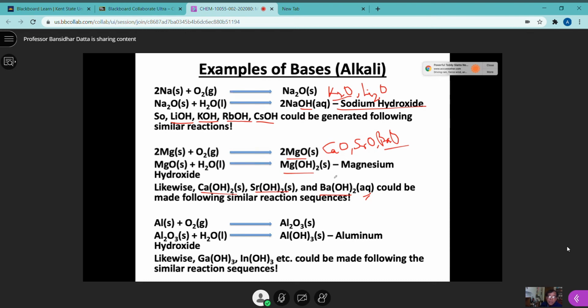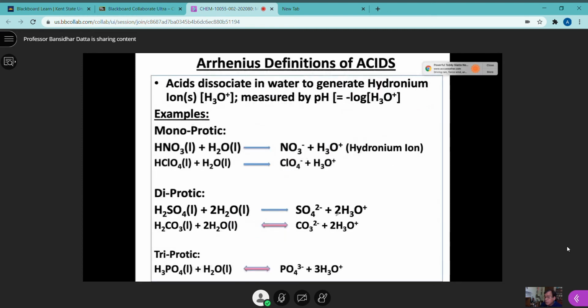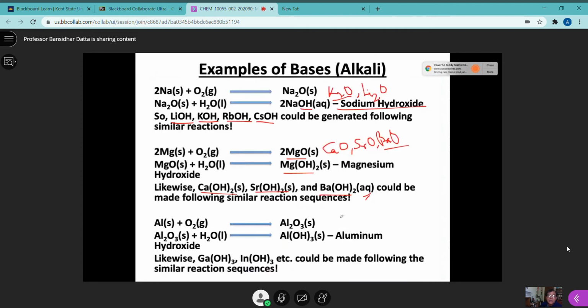So everybody okay? Group 1 elements make hydroxides, group 2 elements make hydroxides, and group 3 elements: aluminum with oxygen makes Al2O3, not balanced, okay? Aluminum oxide. You can also make gallium oxide, Ga2O3, and indium oxide, In2O3.